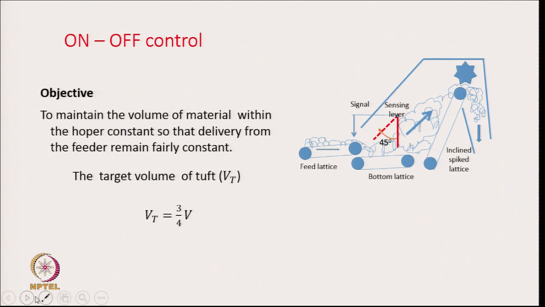Let us say the target volume of tuft within this hopper feeder is V t, that is the target. Generally what we want is that V t will be 3/4 of V, that is, whatever is the overall volume of this hopper or the bin here, 3/4 of this should be filled with material always. So, V t is therefore 3/4 V, where V is the total volume of the hopper bin.